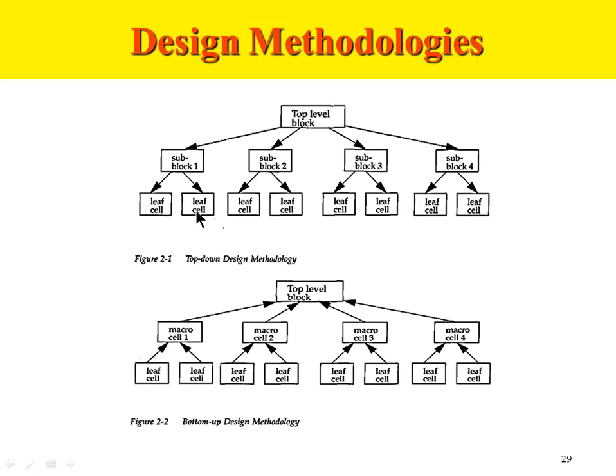Let's say some data is coming from this leaf cell and going to that leaf cell. How does it travel? From this leaf cell to subblock 1, to the top level, to subblock 4, to that leaf cell. That's how the data will travel. The top level integration will do all of this, and that can also be done in parallel.